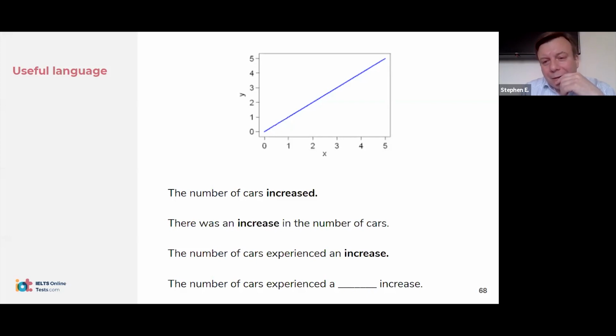So Carolina, steady. Yeah, okay. So again, a number of different ways to say the same thing. So it just shows you how you can vary your vocabulary and avoid repetition throughout your response when you're writing.